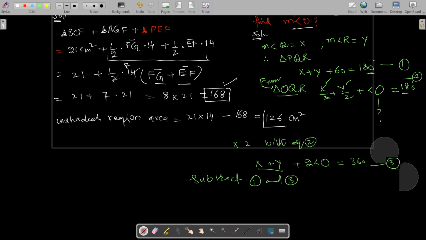Subtracting equation 1 from equation 3, x and y both cancel, and we get 2 times the measure of angle O minus 60 equals 360 minus 180, which is 180. Taking 60 to the right-hand side, 180 plus 60 gives 240.